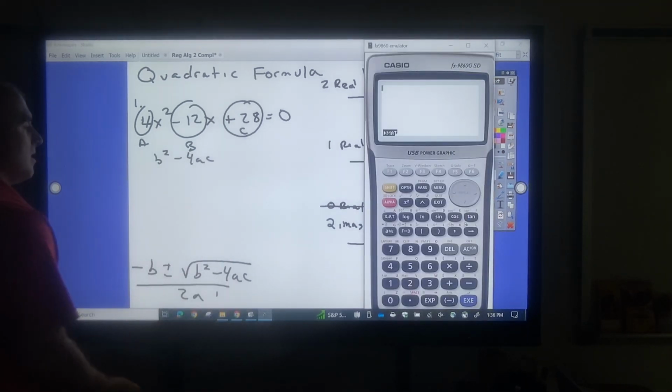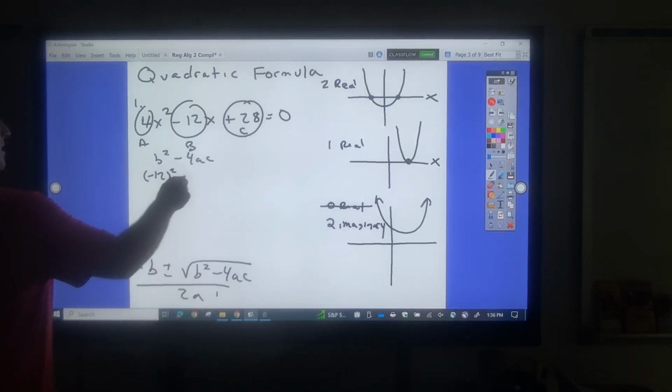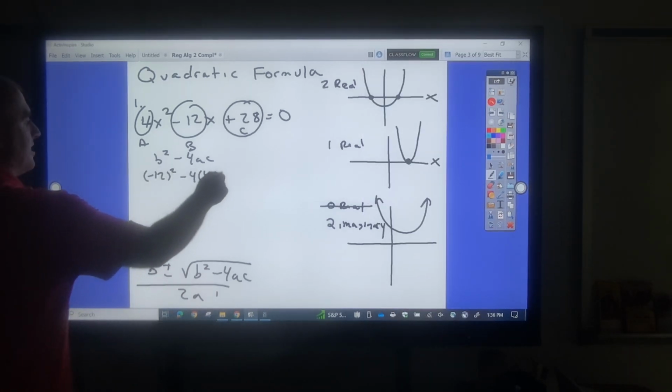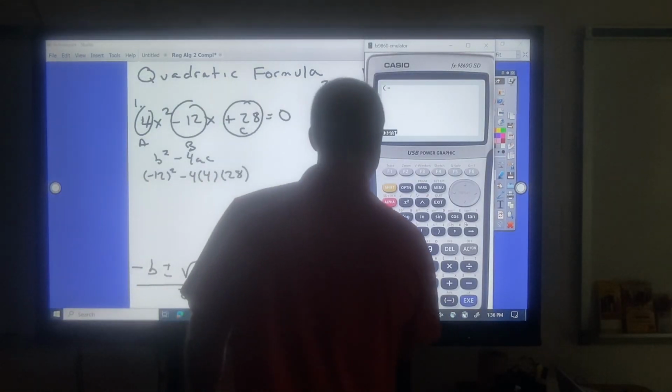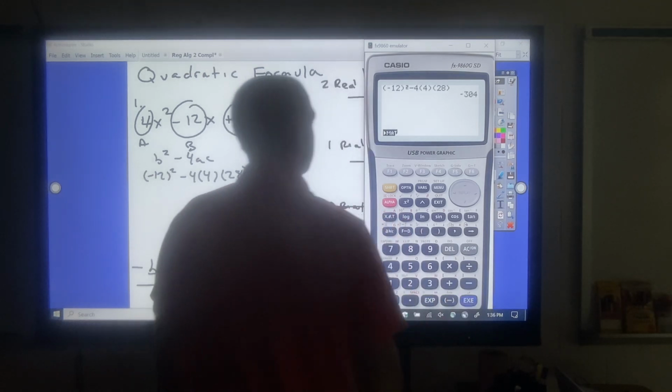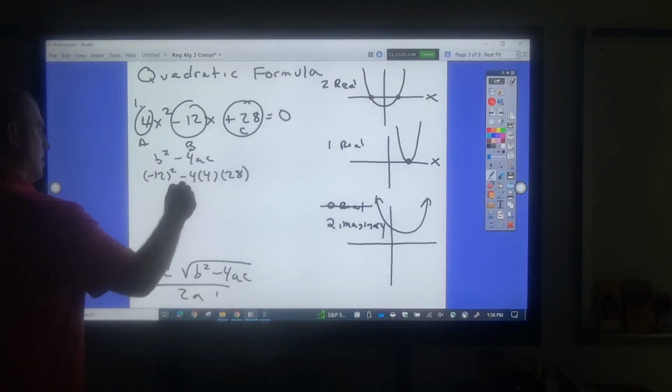My B is negative 12, my A is 4, my C is 28. Now, you can type this right into the calculator. Go ahead and put parentheses around it. That gives you negative 304.